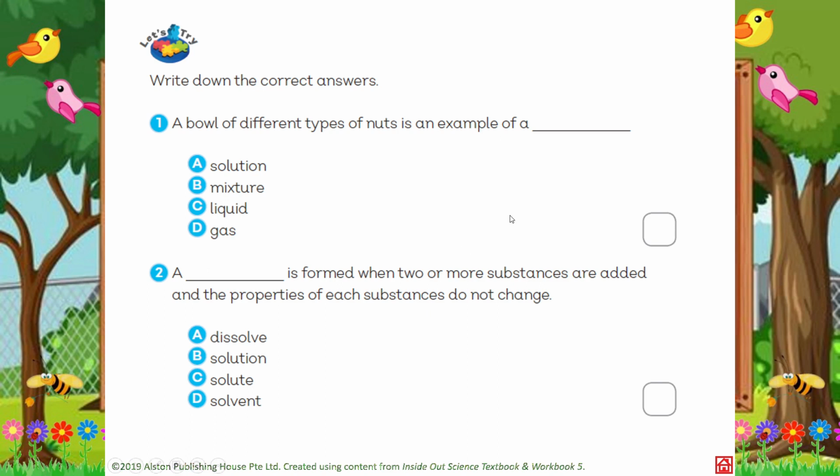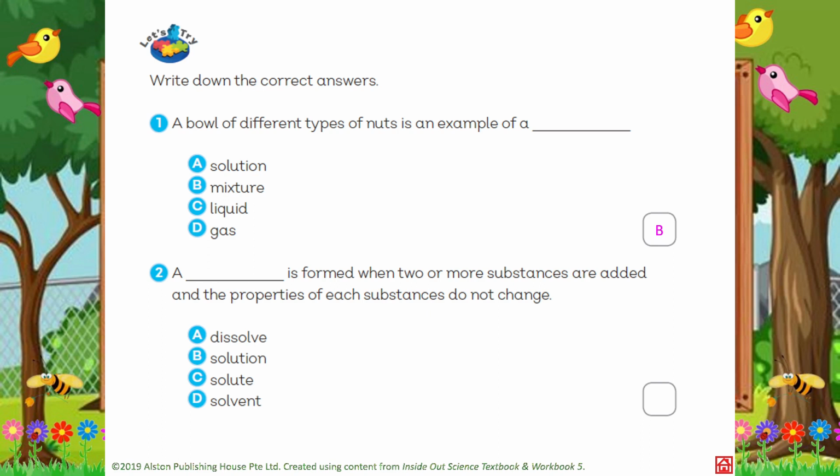So what do you think? Okay, so the answer would be letter B. If the nuts dissolved in a bowl, it would be a solution. But there's no way that they can dissolve in a bowl, so this is just a mixture. They are together, but they are not mixed up entirely.